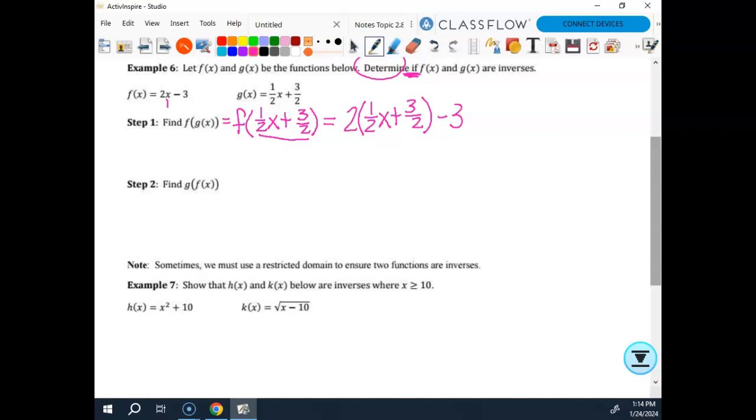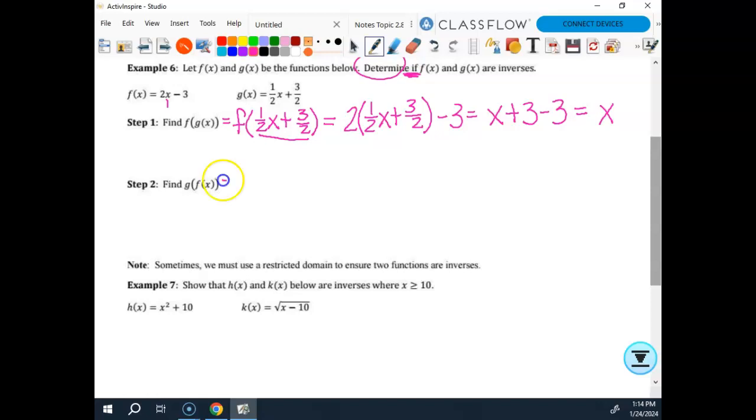Everybody good so far? Then I distribute. 2 times 1/2 x is x, plus 2 times 3/2 is 3, minus 3, and then that just gives me x. So that tells me I'm on the right track, but it doesn't guarantee anything because I have to look at both of them. Because maybe this one works, but maybe going the other way it doesn't.